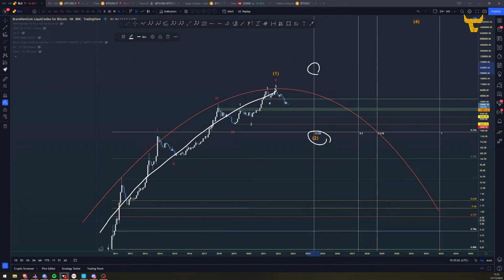Using the flip time to project that, 23% of that time brings us to June 2024. So a year and a half still. And that's the minimum we should be seeing.